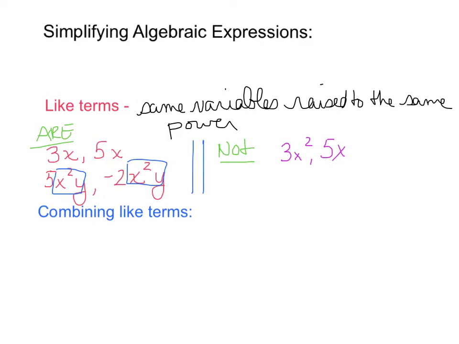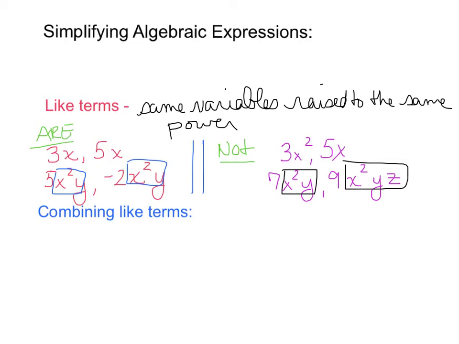Similarly, if I have 7x squared y and 9x squared y z, this would not be like terms because the variables do not match up exactly. And that's going to be important. The variables raised to the powers have to match up exactly.